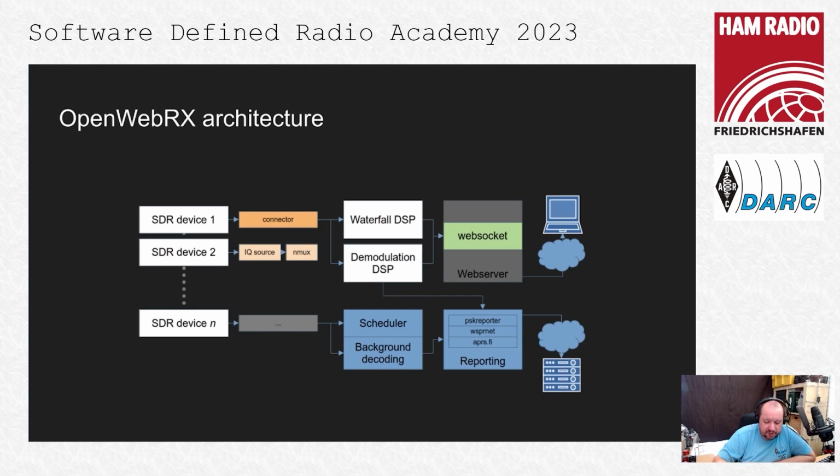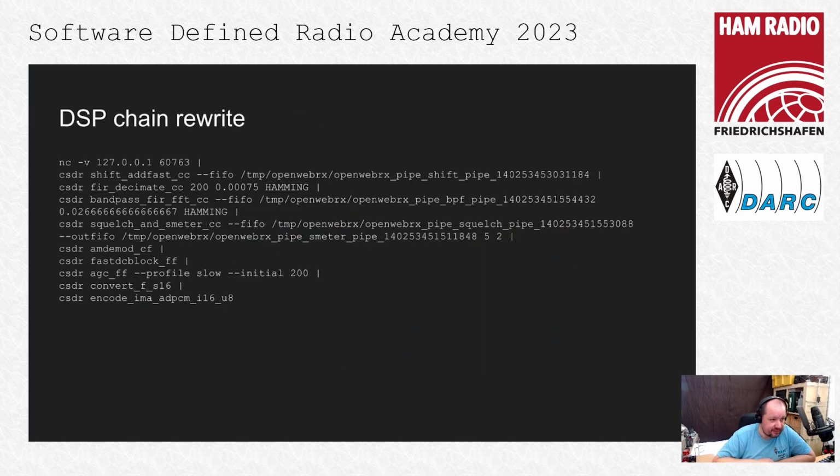Now, we're going to dive even deeper. Now we're going into the little block called demodulation DSP here, where we're going to look at what the recent changes are in the DSP processing, how the DSP processing is done.